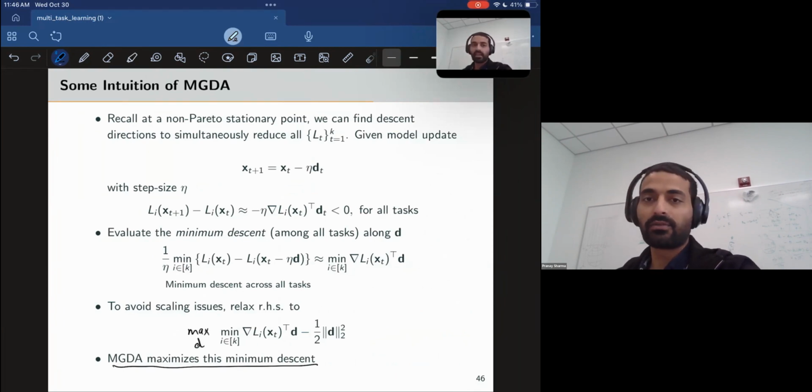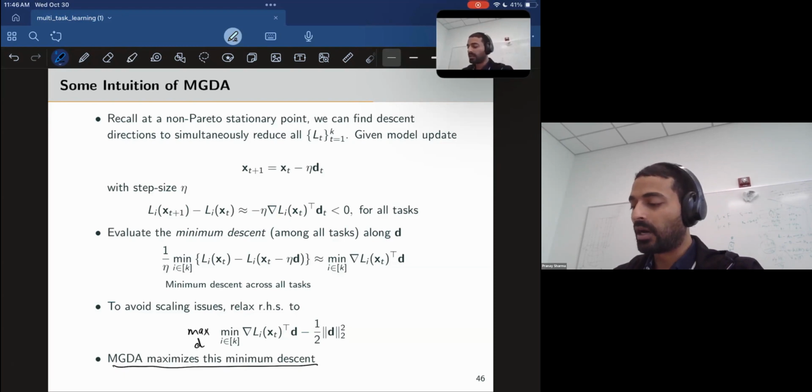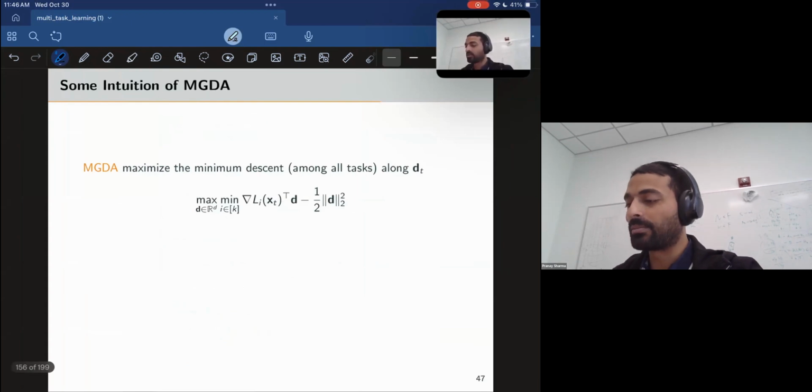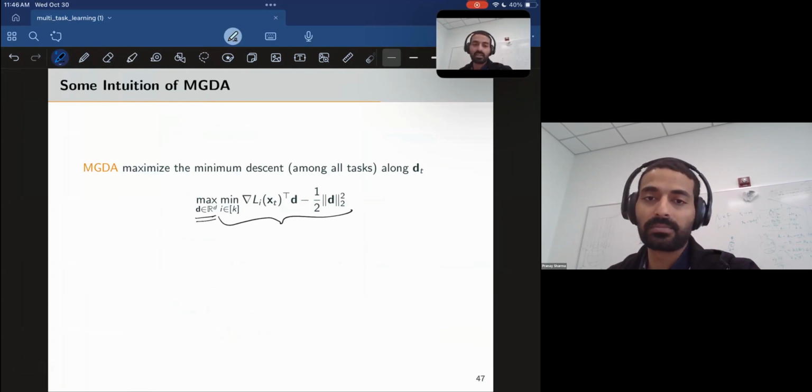So we have two sets of observations. First, we had the idea that MGDA tries to find a Pareto stationary point, and now I'm saying that MGDA maximizes this minimum descent. It finds a D which will maximize this quantity.